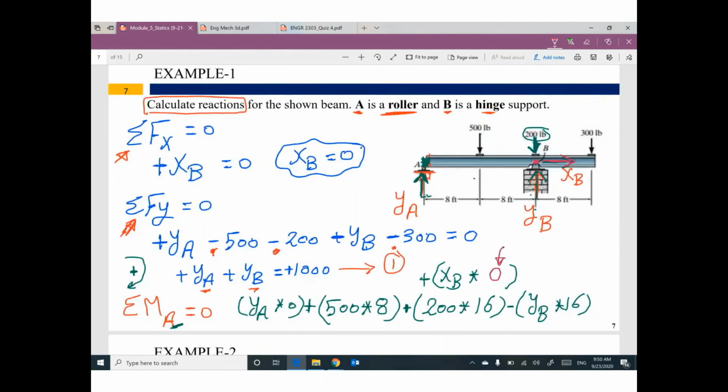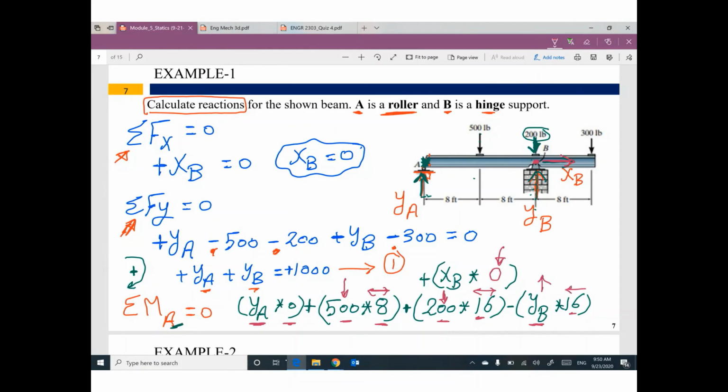Guys, remember, your force and your distance must be perpendicular. In this case, 500 is vertical, your distance is horizontal. 200 is vertical, your distance 16 is horizontal. YB is vertical, your distance 16 is horizontal.